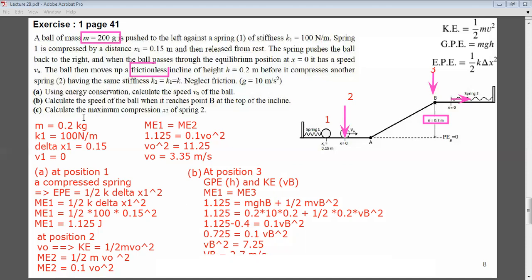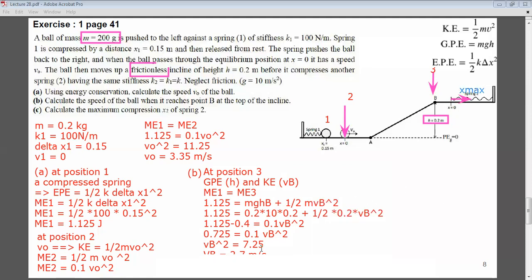Part C, calculate the maximum compression X2 of the spring. That is, the ball will reach position B. It has a speed V. It will hit the spring and it will compress it by a distance X. So here there will be a distance X maximum, which is the compression in the spring.